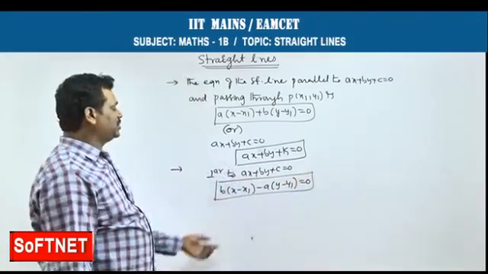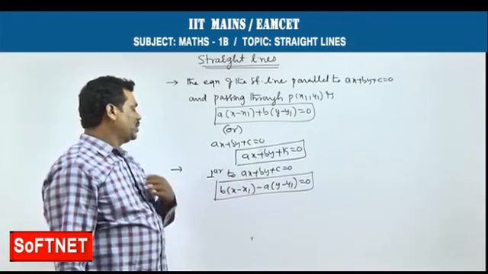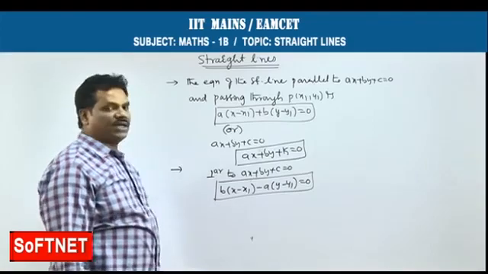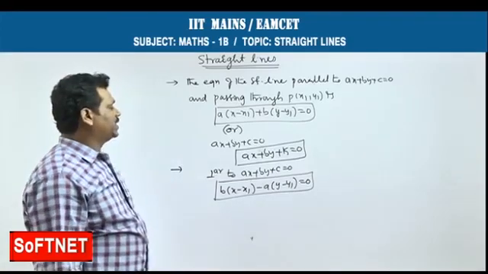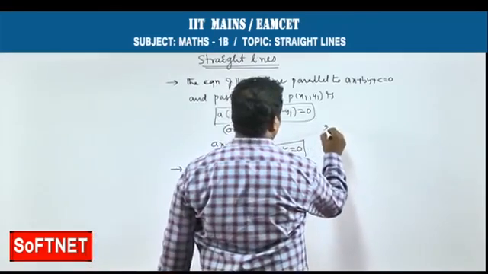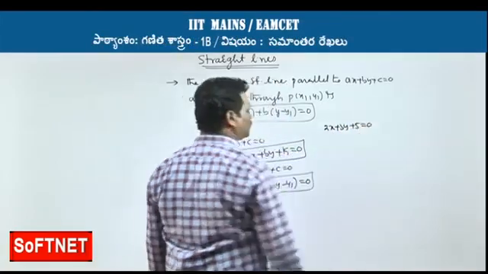This is the equation of the straight line perpendicular to ax plus by plus c equal to 0 and passing through the point P of x1 comma y1.